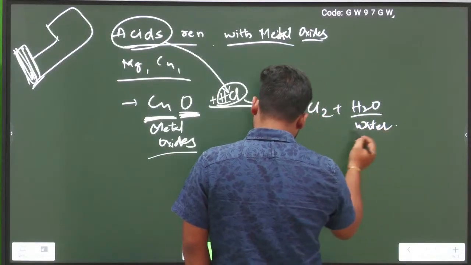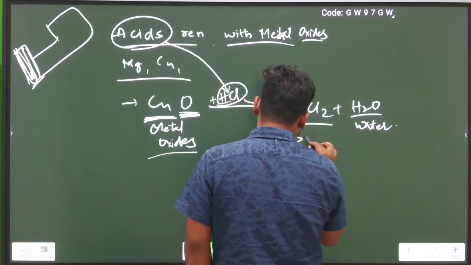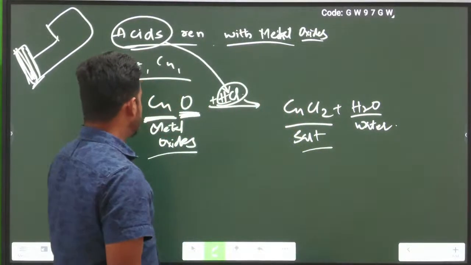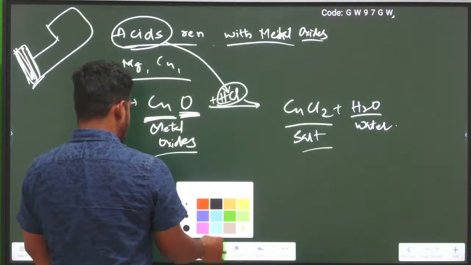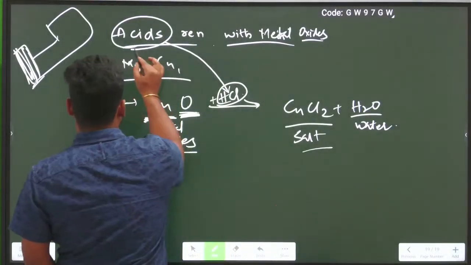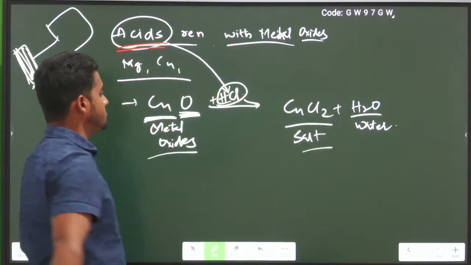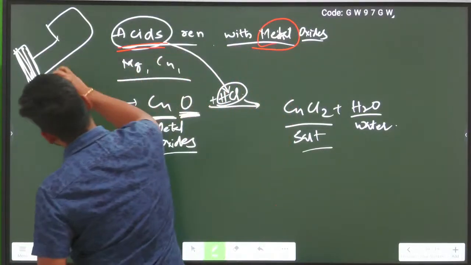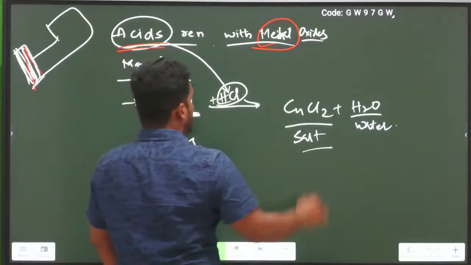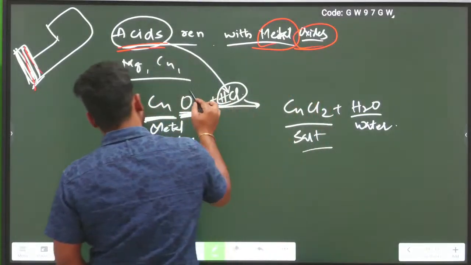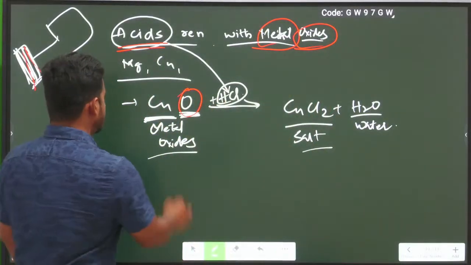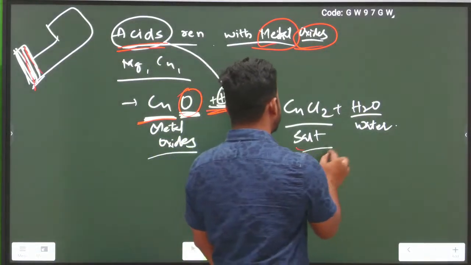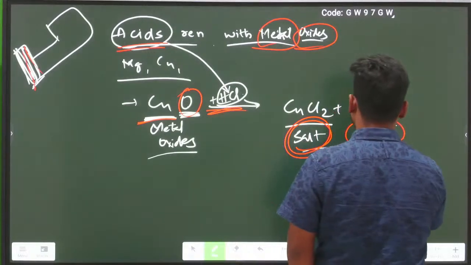What is this H2O? It is water. And CuCl2 is nothing but the salt. So what you have to remember is that the acid is HCl, the metals are first group and second group elements, and oxides are this oxide. When this metal oxide reacts with HCl, it forms salt plus water.